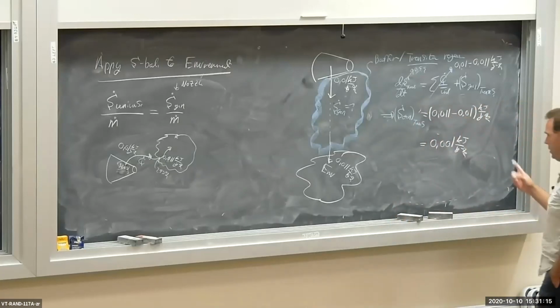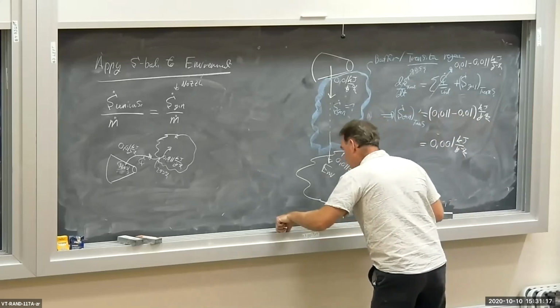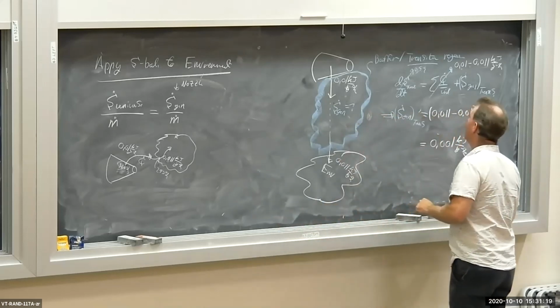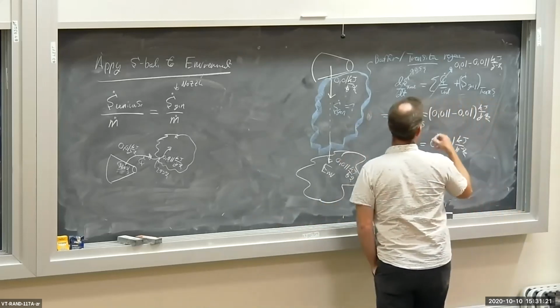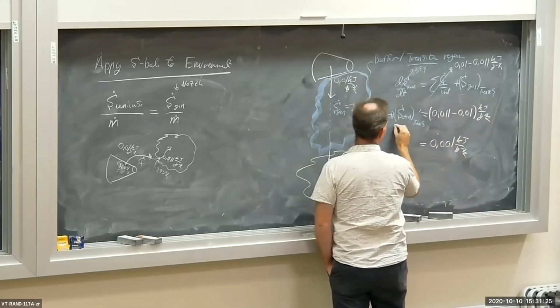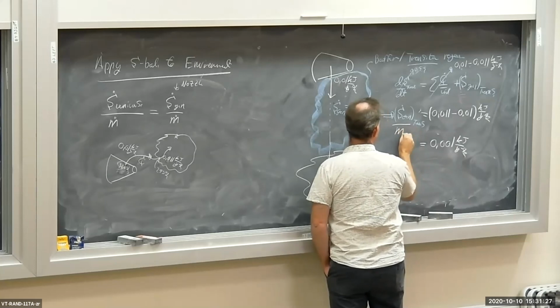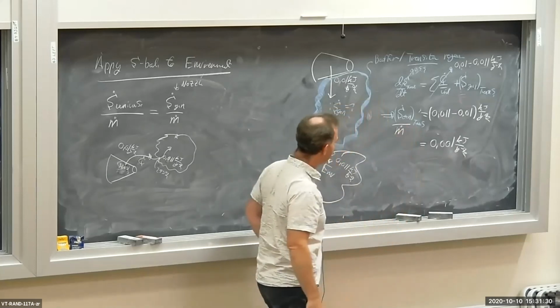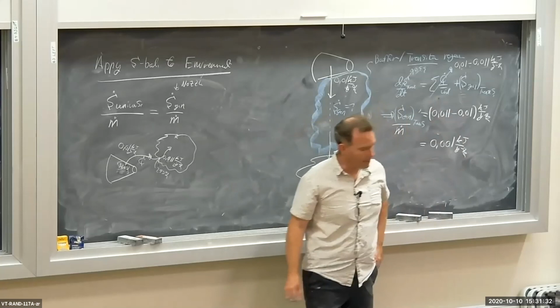Oh, sorry. Got to be a little careful here, getting a little sloppy. Forgot to divide by m dot. Divide the entire right-hand side by m dot.